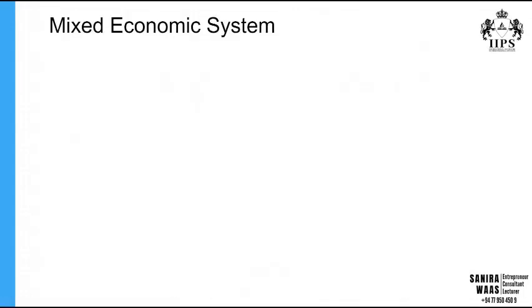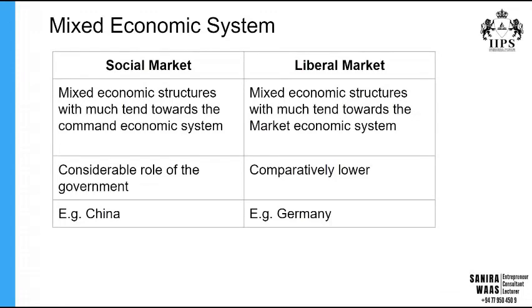Moving on, talking a bit more about mixed economic systems, we have two separate types. The first one is the social market and the second one is the liberal market. Both are mixed economic systems where you can find characteristics of the market economy and characteristics of a command economy.